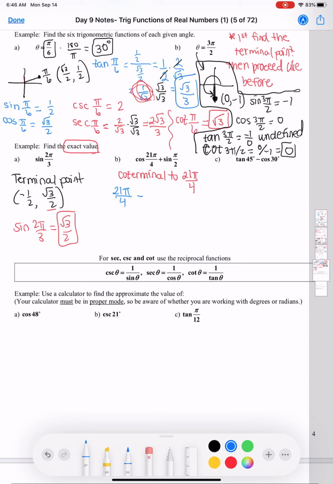So if I subtract 2π, I do want a common denominator 4, so instead of writing 2π, I'm going to write 8π/4. 8 divided by 4 is 2, so that's equivalent to 2π. Well, I know that 21 minus 8, that's going to give me 13π/4. That's still over 2π, so I'm going to subtract one more 8π/4, and that gets me 5π/4.